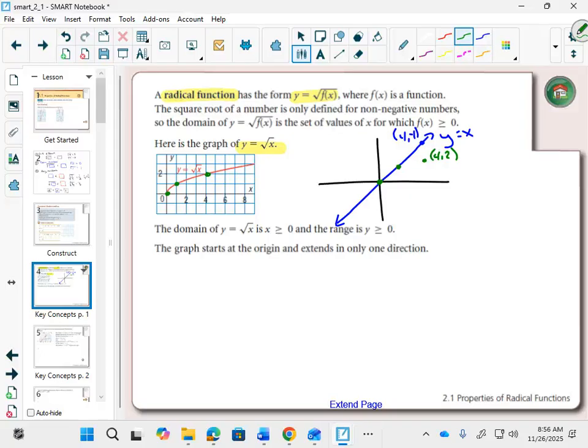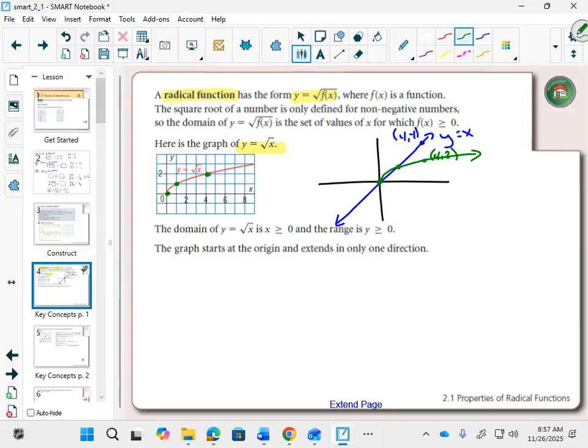But in between 0 and 1, our graph has to be slightly above, because if you square root anything in between 0 and 1, it's going to be bigger. So we see here, if I look at my original graph, y equals x, if I graph the inside on its own, I notice when I square root that 0 and 1 stay the same. Because when you square root 0 and you square root 1, it stays the same.